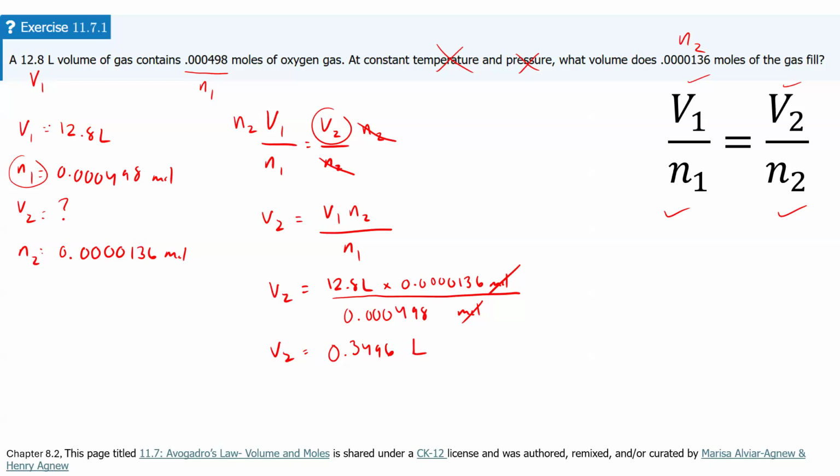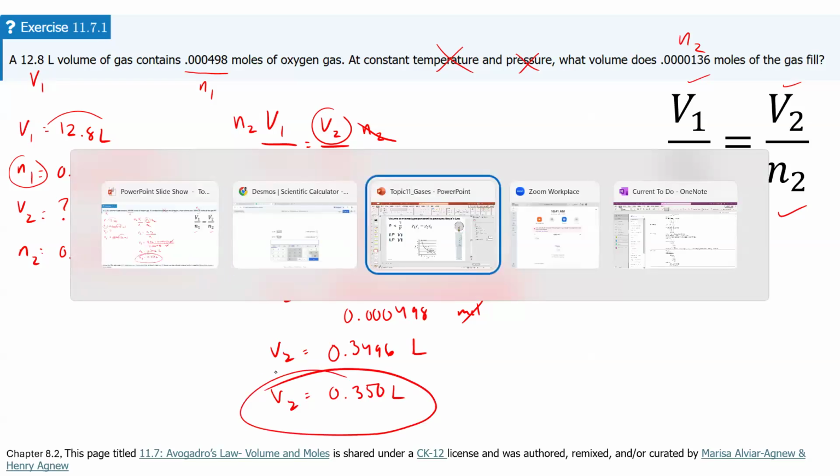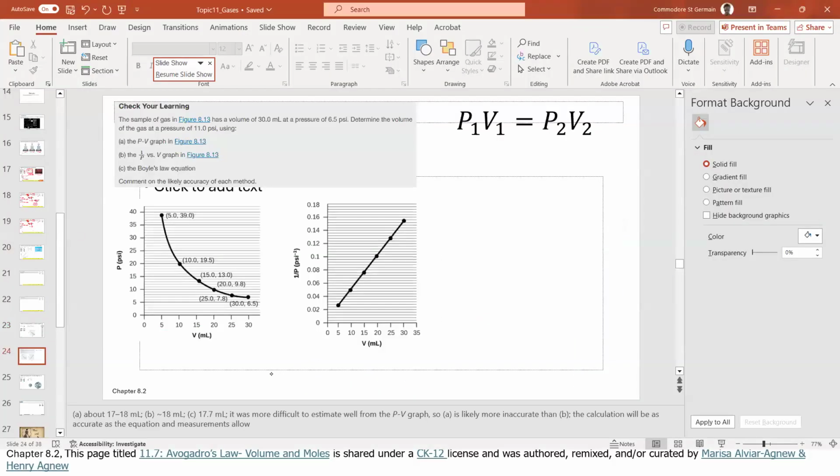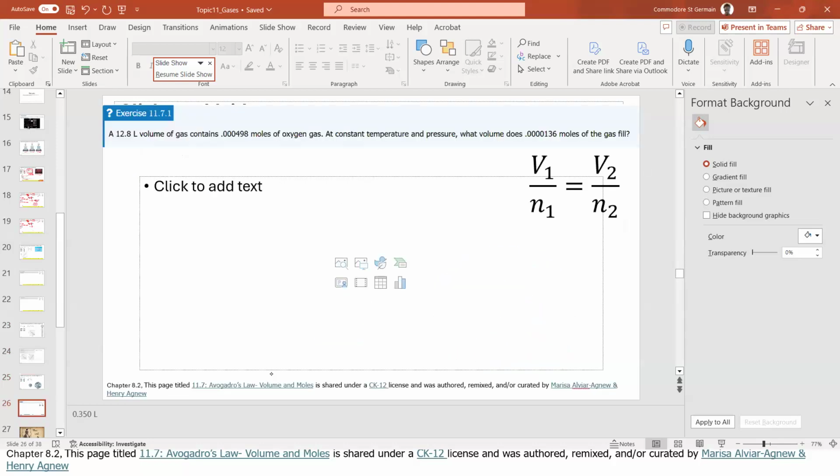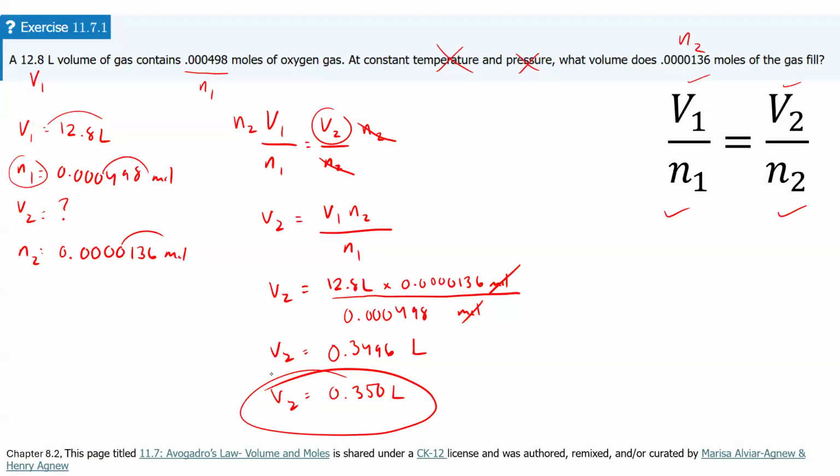And if you want to do sig figs, which we have to, it's 3, 3, and 3, so it should be 0.350 liters. All right, let's just make sure we did that correctly. All right, looks good.